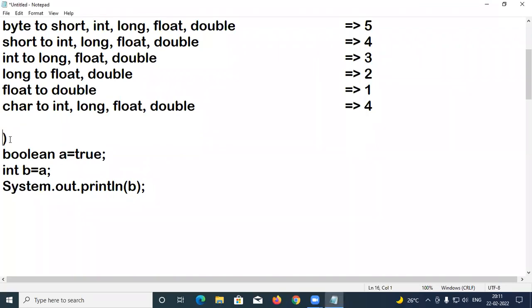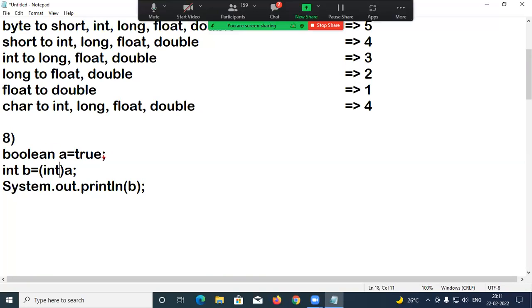Suppose 8th one. If I write int in the brackets, is it valid? No, it is also not valid. Write this one also. You cannot convert. Explicitly also error. Implicitly also error, explicitly also error.